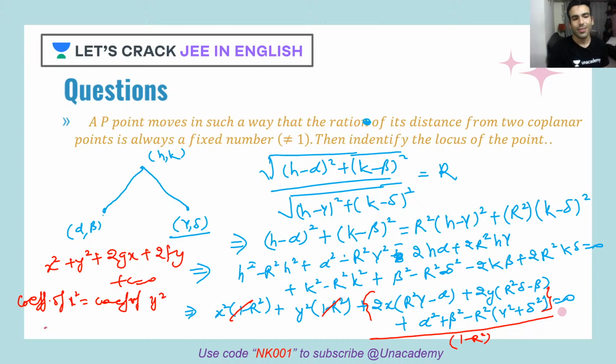Second, the coefficient of the xy term will always be 0; there is no term of x into y. I hope everything is clear to you guys. So always first check these two things, because if these two things are there, then you are almost sure that yes, it's a circle. Shall we move ahead then? Okay, let's go ahead.